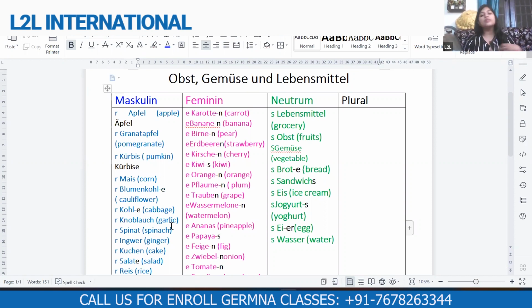You guys are doing well with the pronunciation. That's not an issue for me. But yeah, you need to remember what is Traube, what is Orange, what is Banane, Birne. The pronunciation which is similar to English is easier to remember. But the uncommon ones, that is the big catch here. So you should not forget it.